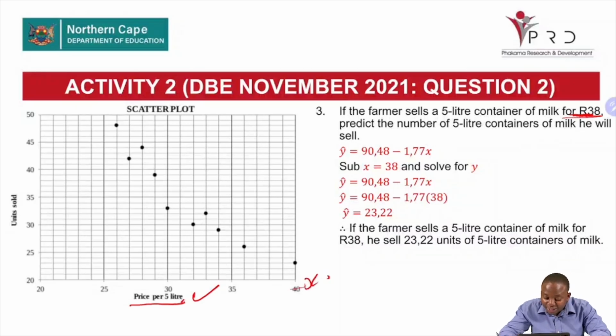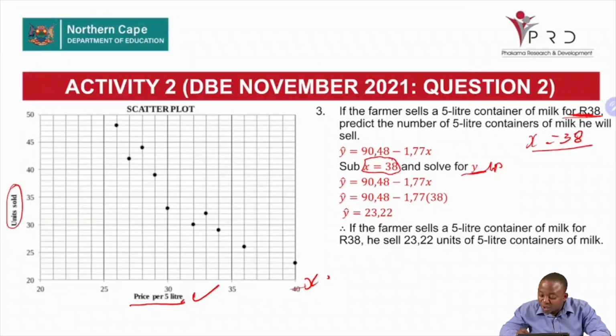So we are given X equals 38. And we predict the number of 5-liter containers, so the units are on the Y axis. That means we are solving for Y. We are given X, so we locate that X and we solve for Y.